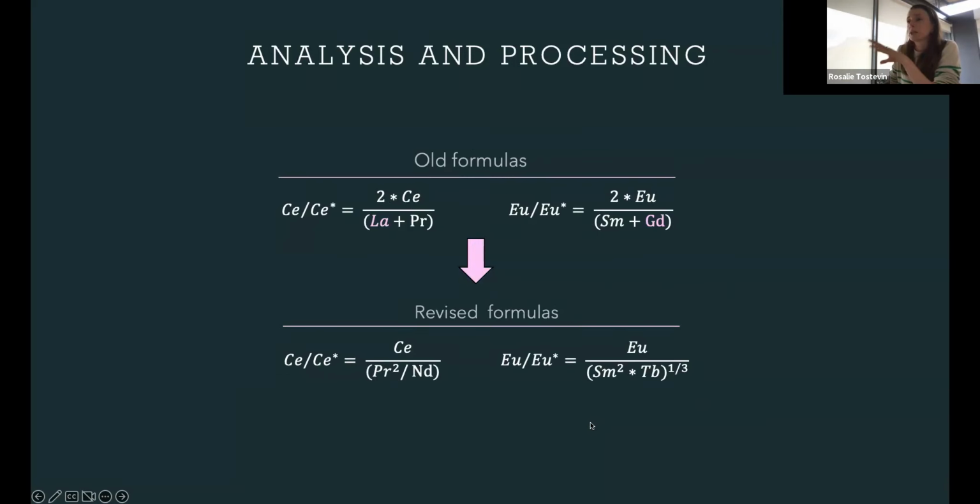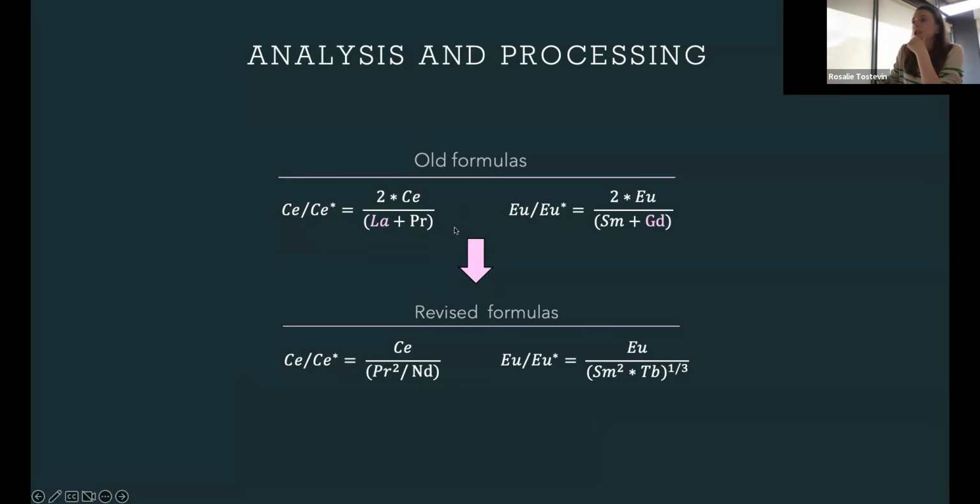Also with these anomalies, there's some different formulas out there. So in the old literature, sometimes they use these formulas where you calculate cerium by simply going 2 times cerium divided by the sum of its neighbors on either side. And the same for europium, where you just divide it by the sum of its neighbors, samarium and gadolinium.